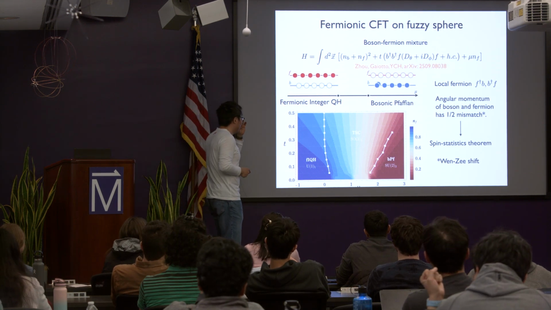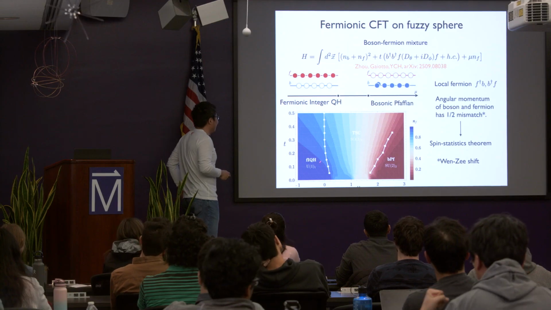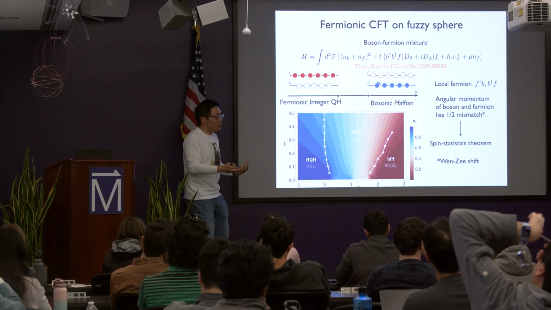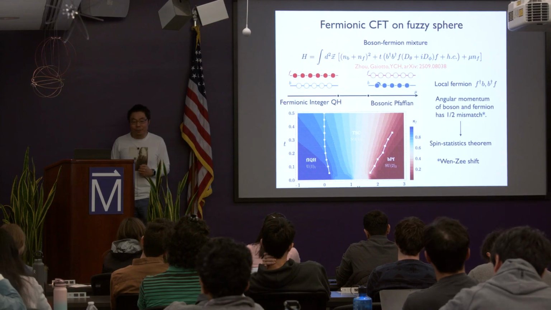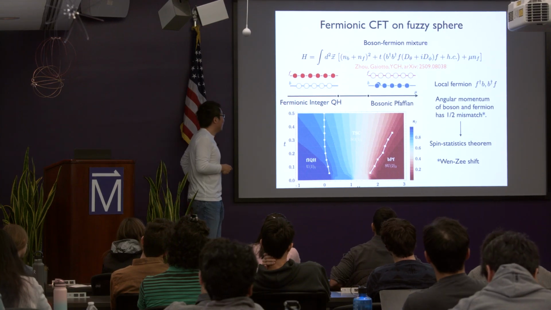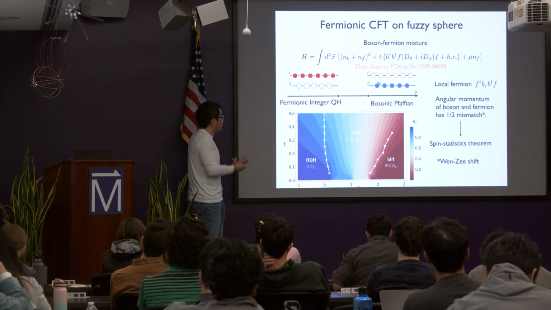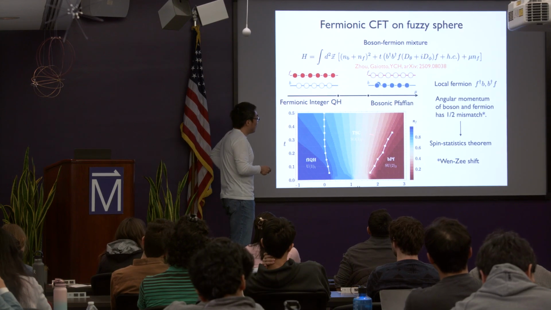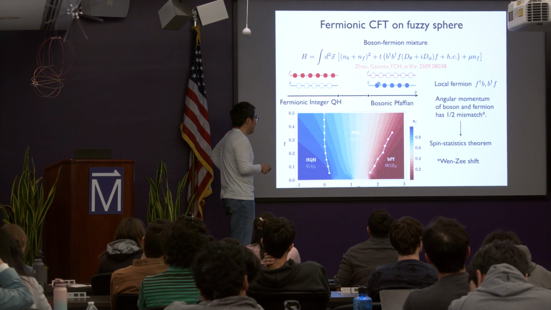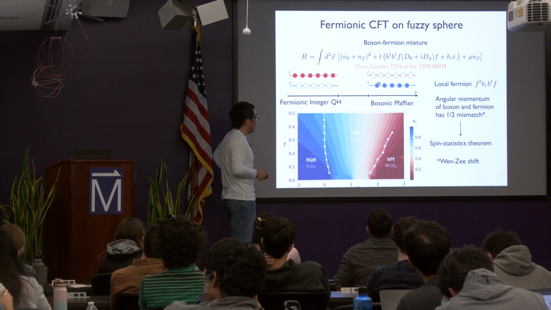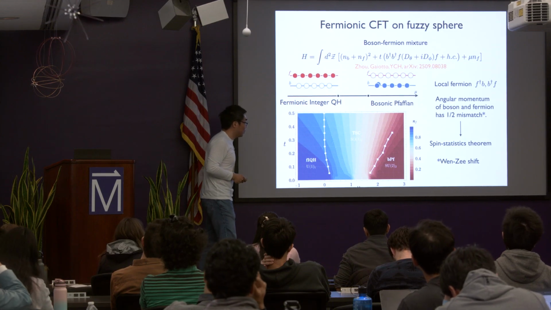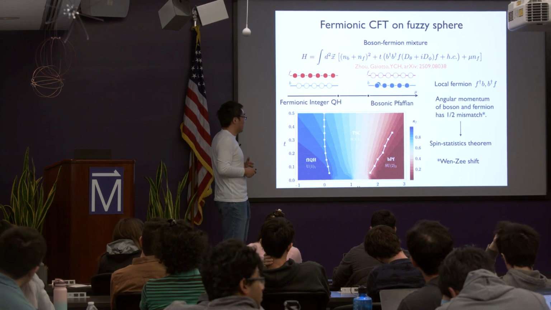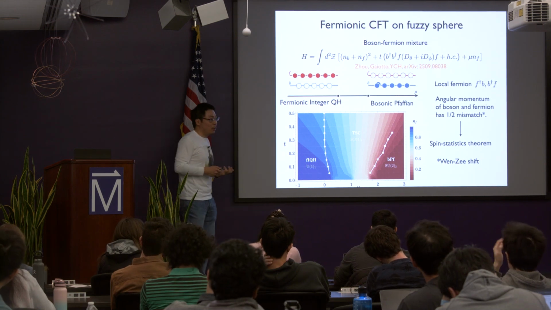So, in that terminology, this fermionic integer quantum Hall state is like a nu equals 2 integer quantum Hall state of Majorana fermions, right? So the transition between them will have a single Majorana cone. And the transition between this Majorana quantum Hall state and the bosonic Pfaffian is described by Ising transitions coupled with a Z2 gauge field.